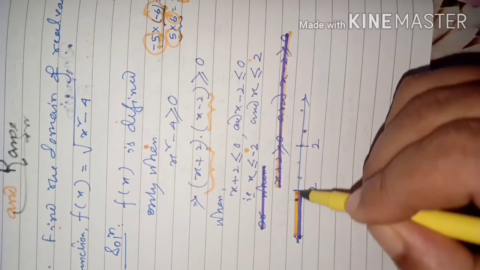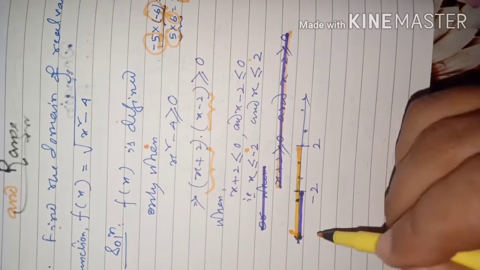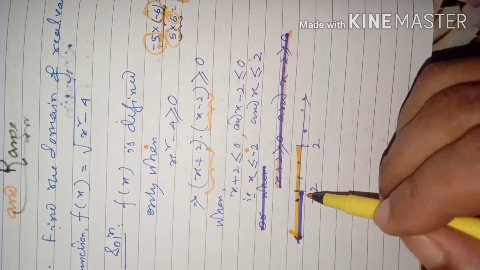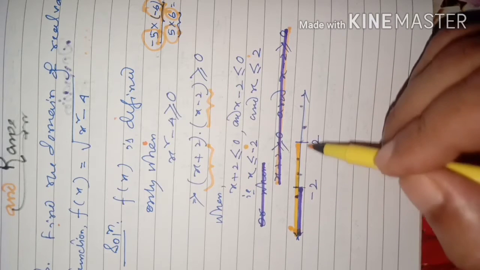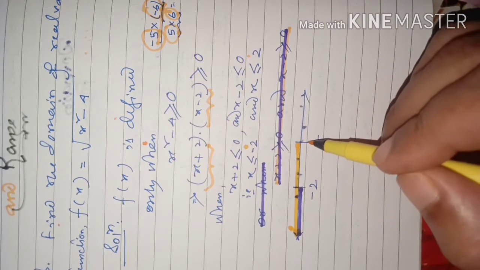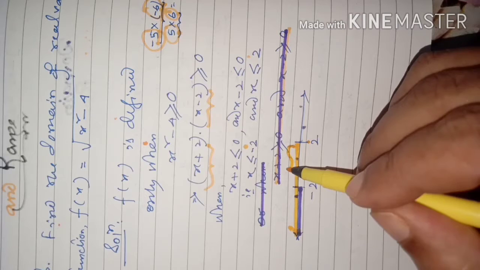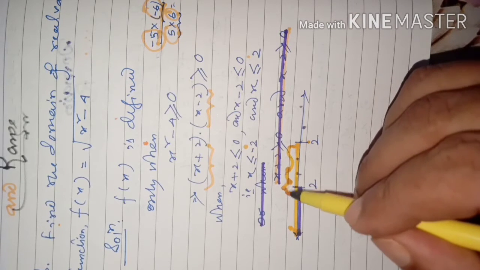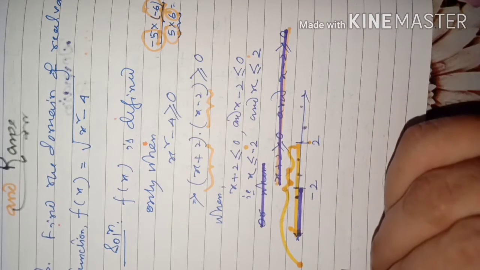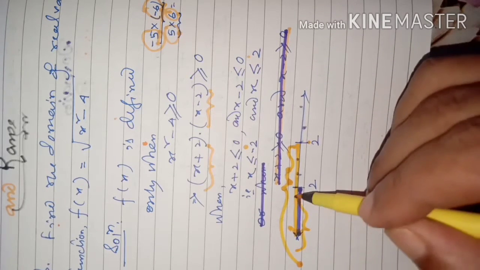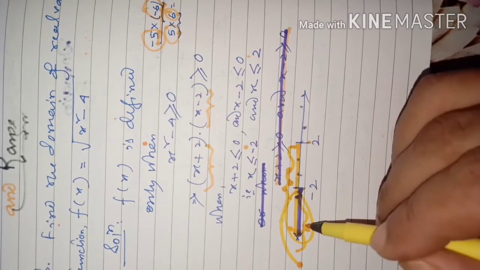Now you see, this also will be included. Then what is the addition now? The common portion of x less than minus 2 and x less than plus 2. x less than plus 2 means plus 2 and the left hand side of plus 2, this whole thing. And x less than minus 2 means minus 2 and the left hand side of minus 2. The common portion is this portion which is below minus 2.